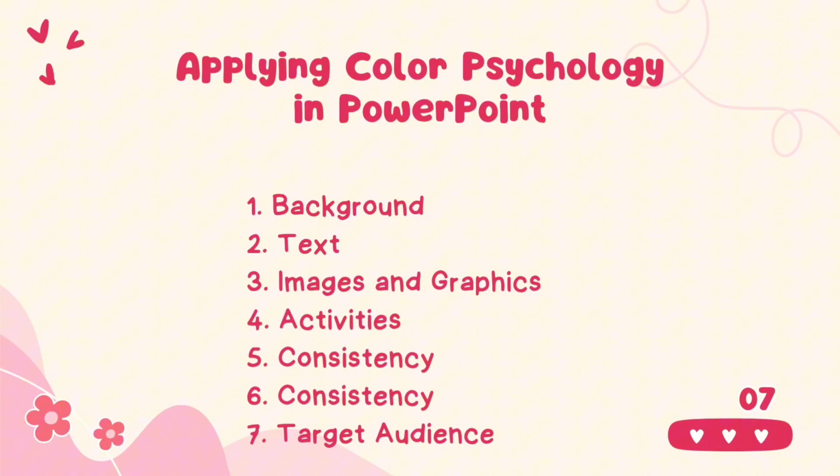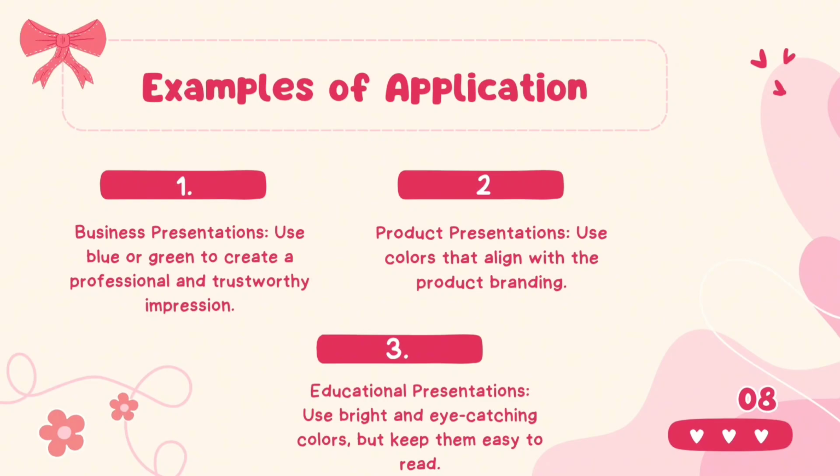And the last, target audience. Consider your target audience when choosing colors. Colors that are suitable for children may not be appropriate for a business presentation. For example, the first, for business presentations, it is better to use blue or green. These colors create a professional and trustworthy impression.